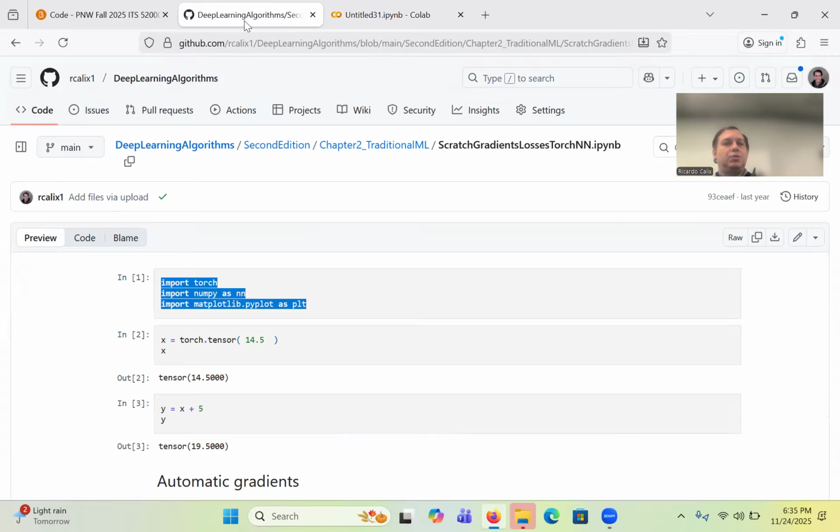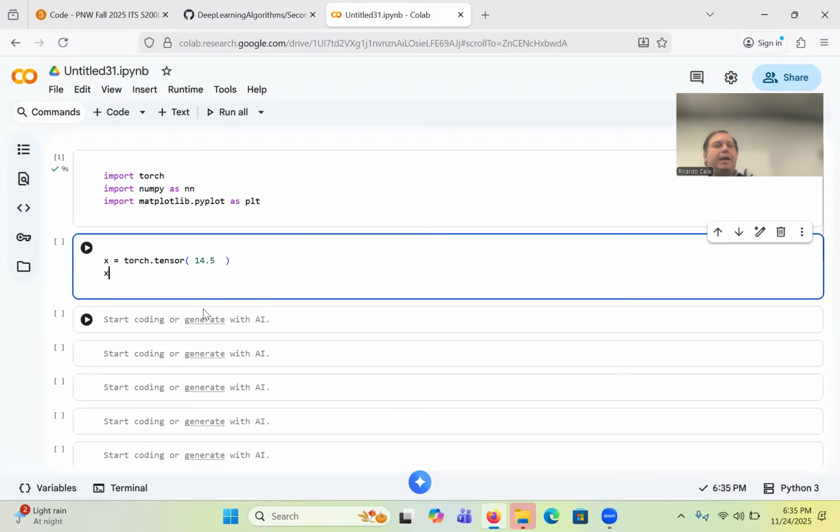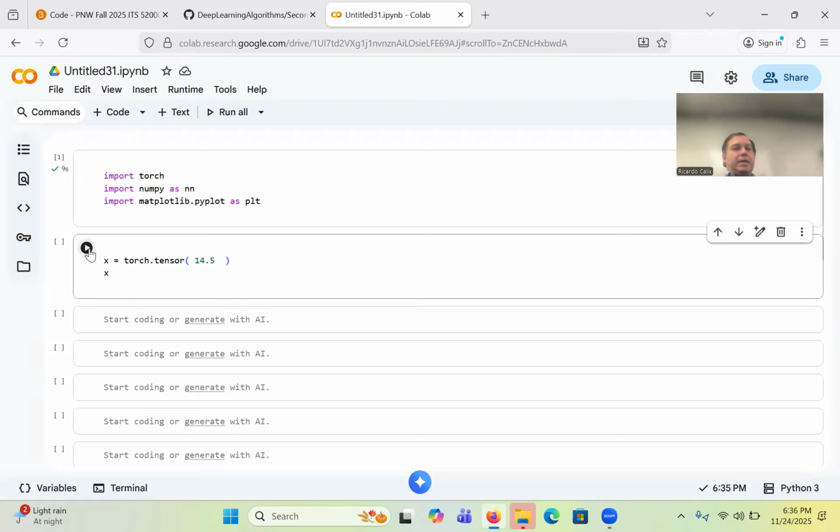Then we are going to play with some values. So let's bring in X as the value here. And we need to define if it requires grad or not, so we need to decide if that is set to true or false. But here, let's just create a constant value, 14.5. It's a torch tensor, and we print it out.